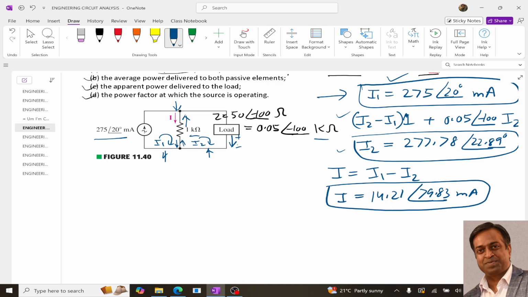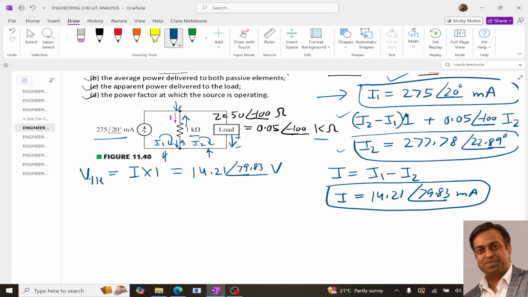Once I get the currents, I can determine the voltages also. The voltage across this 1 kilo ohm will simply be I into 1, we will not use K because the current is in milliamperes. So it will be the same, 14.21 angle 79.83 volt.